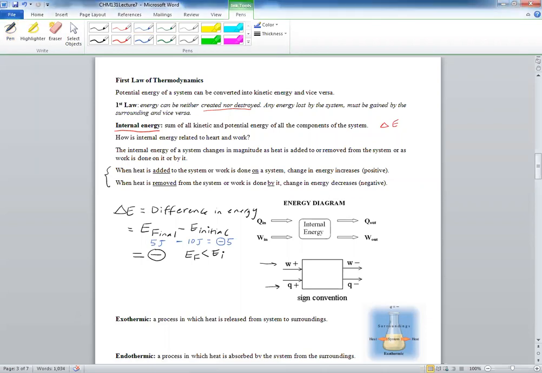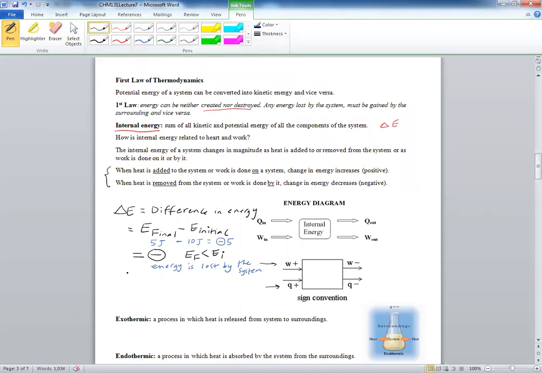So if we have a negative, energy is lost by the system, since almost always we will talk about things in relation to the system, not the surroundings. So lost by the system where? Where does it go? To the surroundings.